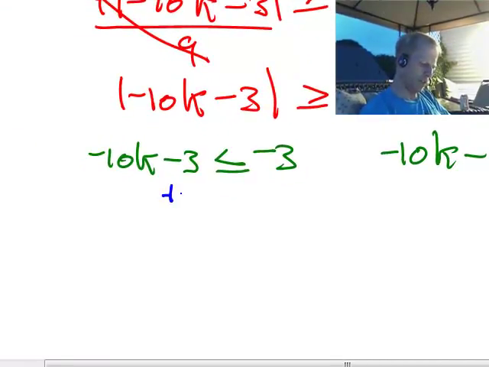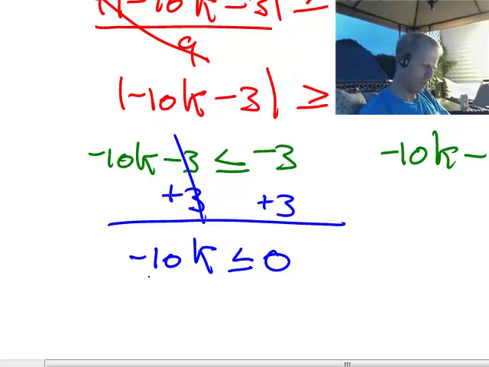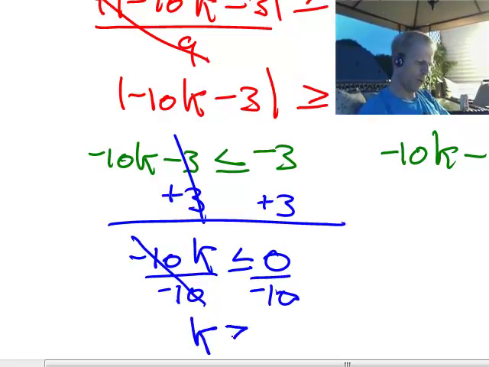So now let me solve each of those. So this one becomes negative 10k less than or equal to 0. Divide by negative 10. And I get k greater than or equal to 0, because I have to reverse the sign.